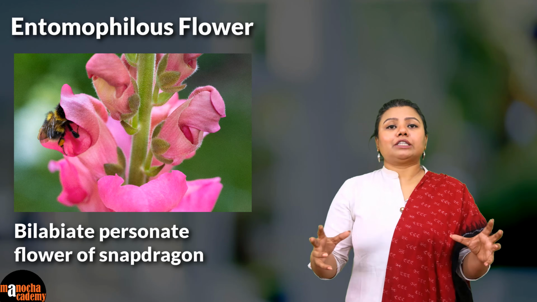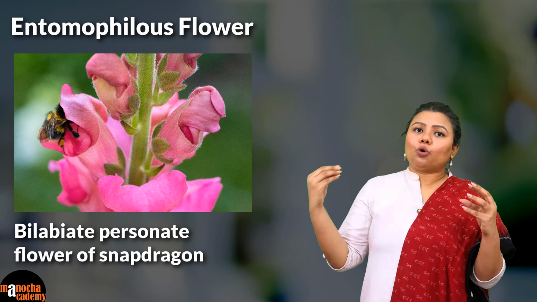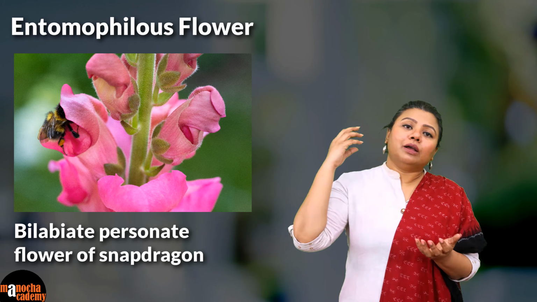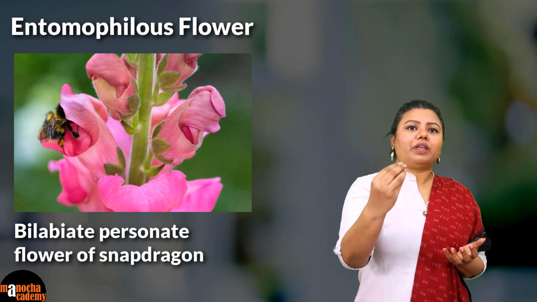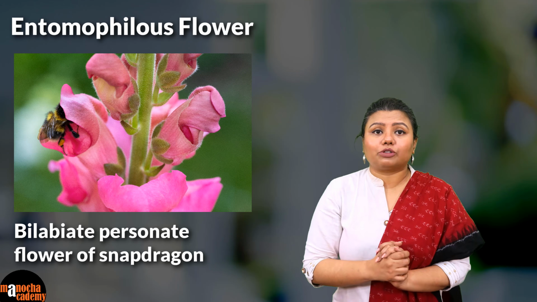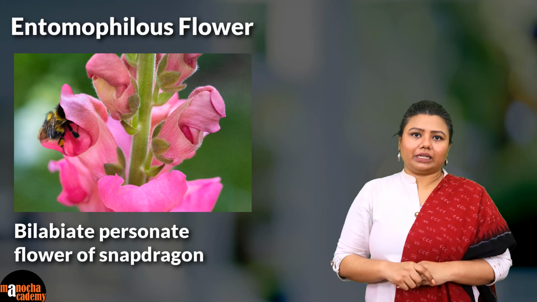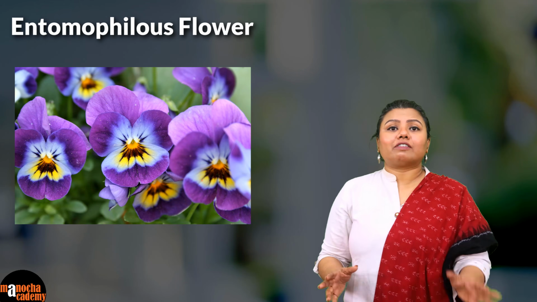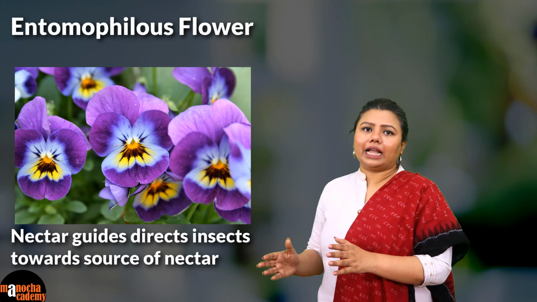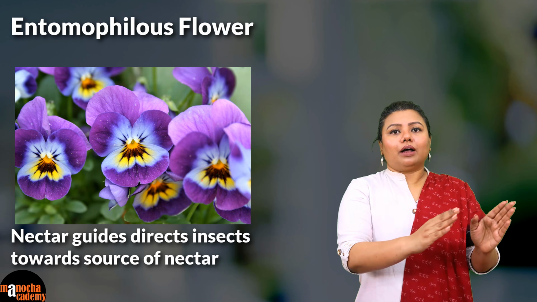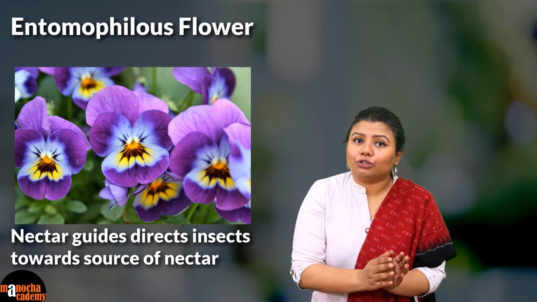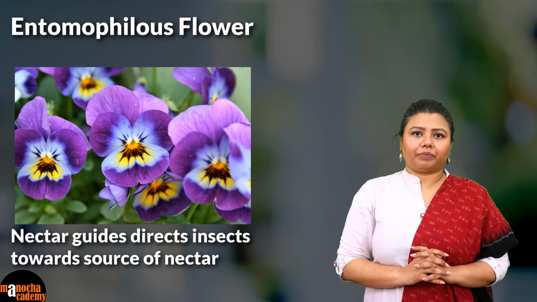So these flowers are adapted so that the insect can come and sit, or so that the insect can project one of their body parts, for example tongue, so that it can take the pollen grains. Some flowers also have special markings on the petals which are called honey or nectar guides, which direct the insects towards the source of nectar, which is usually located inside the flower.